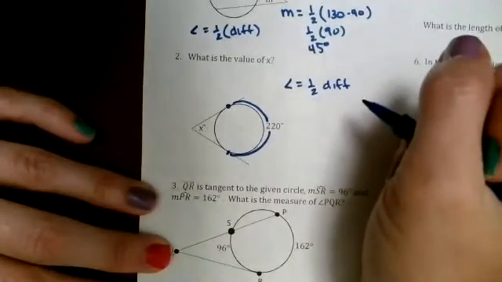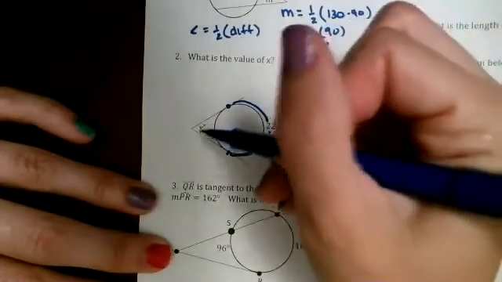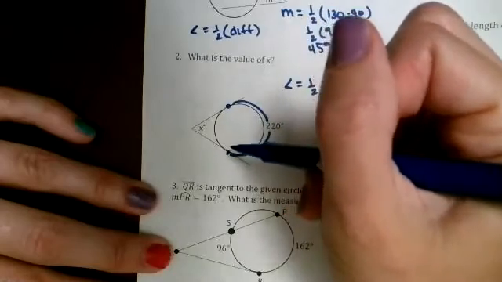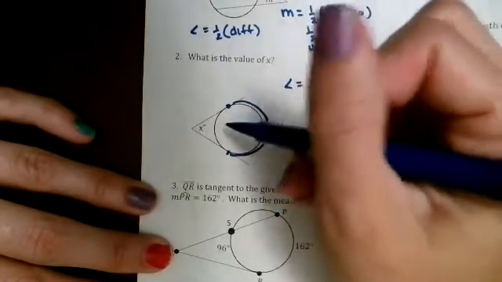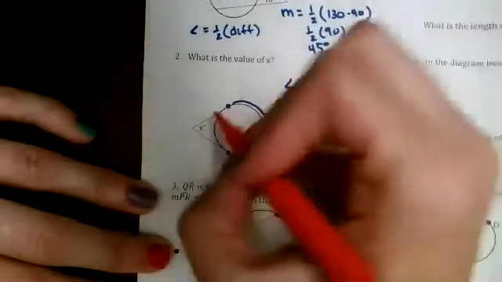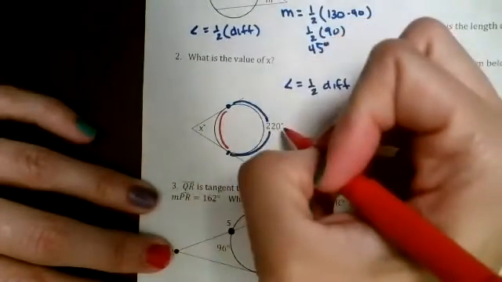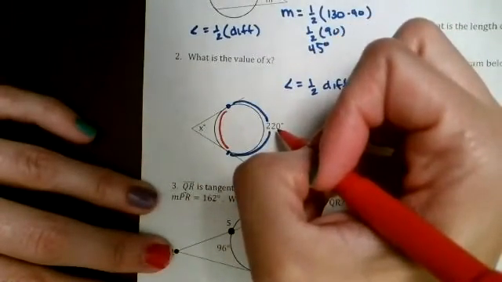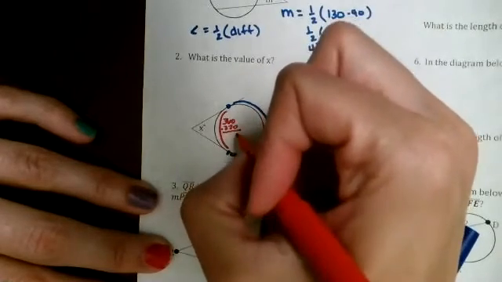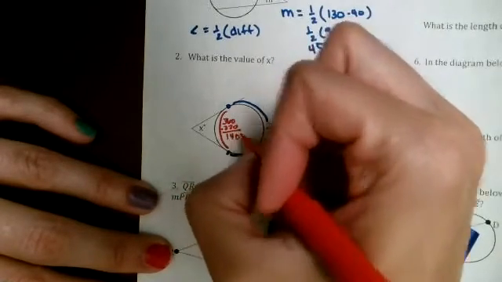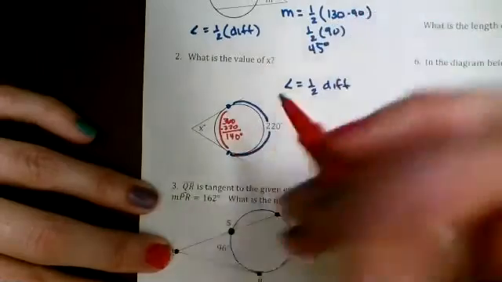I don't know the angle and I don't know this other arc, but I can figure out the other arc. If this makes up a whole circle, I just need to subtract 220 from 360. So 360 minus 220 gives me 140. So that's my other arc.